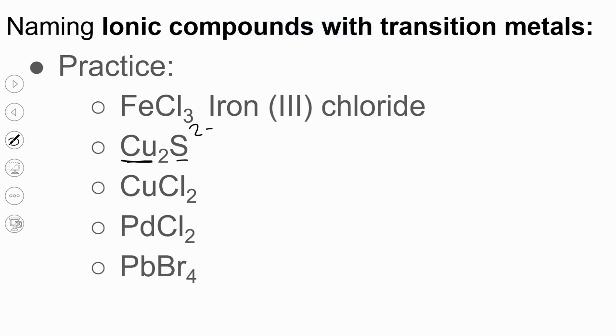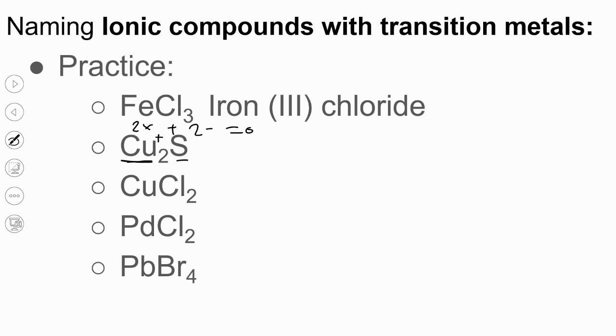So we have a 2 minus here, and then we have 2 of something with a plus charge. 2 something charges plus 2 minus gives us 0. So what does that have to be? Positive 1. If I have 2 positive 1 charges, that will balance this 2 minus charge.